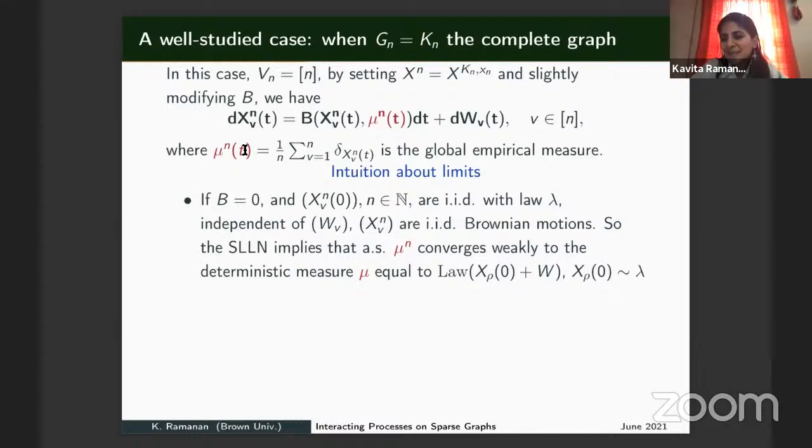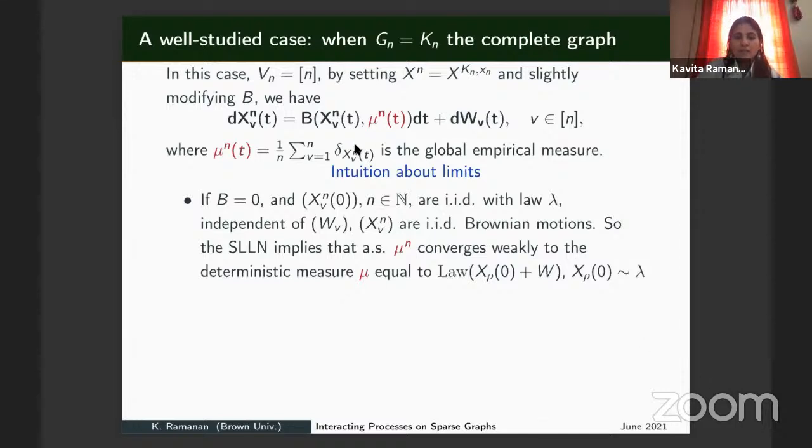So obviously mu n, the one which is on path space, will just converge weakly to some deterministic measure by the strong law of large numbers, which is the expected value of the Dirac delta mass, which is simply Wiener measure starting at an initial condition, which is lambda. Is this clear? Right?